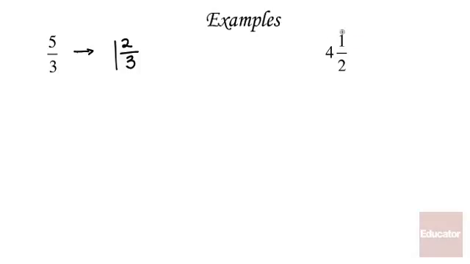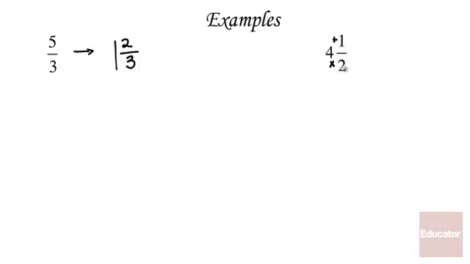This example here, this fraction is, can you guess? Good, it's a mixed number because we have a whole number with a proper fraction. Since this is a mixed number, I can change it to an improper fraction. I take my denominator, I multiply it to my whole number, and then I add it to my numerator.